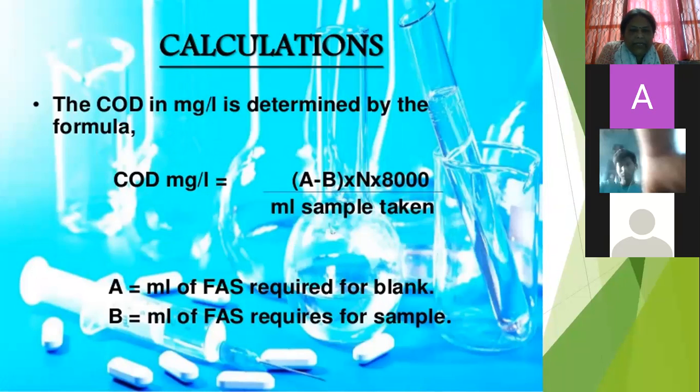It can be determined using this formula. Write this formula: COD is (A minus B) into N into 8000 divided by the ml of sample taken, which you can write as capital V.